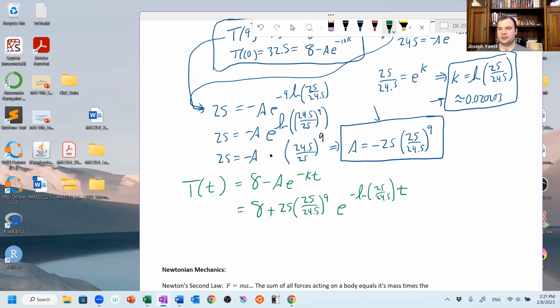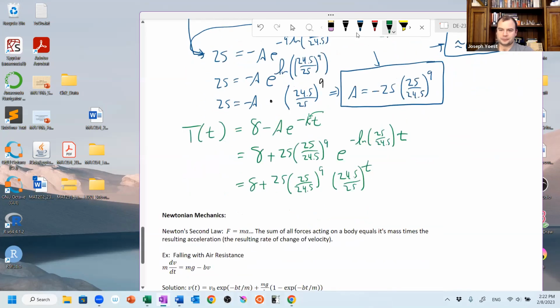What I actually see here nicely is this is k, but I have an e to the negative kt. So this negative comes up, makes it log of 24.5 over 25. And I have e to the log of 24.5 over 25 to the power t.